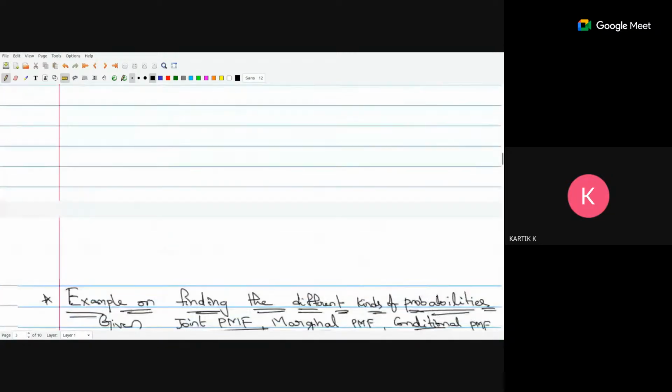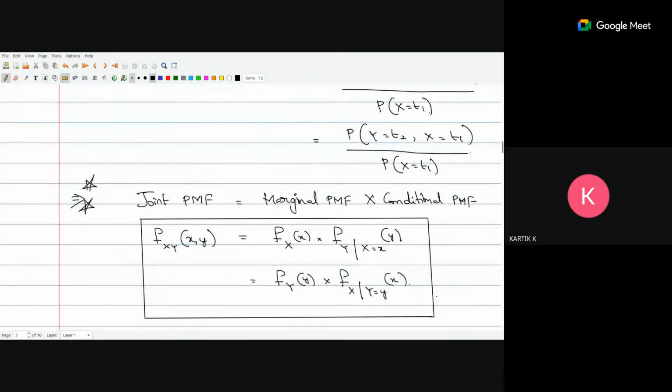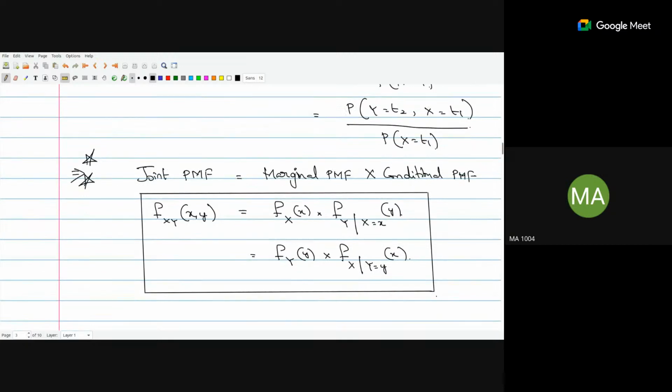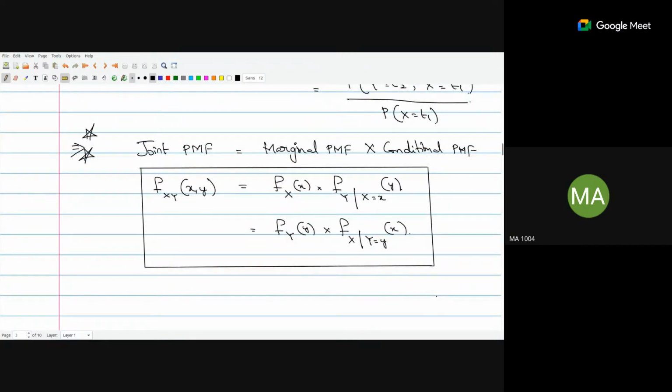Quick question: we only need to know any two of the three to find the third one, right? See, another point is, if you know the joint PMF, you can compute the marginal, and once you can compute the marginal, you can compute the conditional. So the joint PMF is like the head of PMFs.